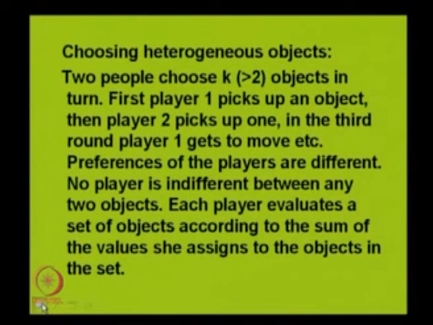Preferences of the players are different. No player is indifferent between any two objects. Each player evaluates a set of objects according to the sum of the values she assigns to the objects in the set.